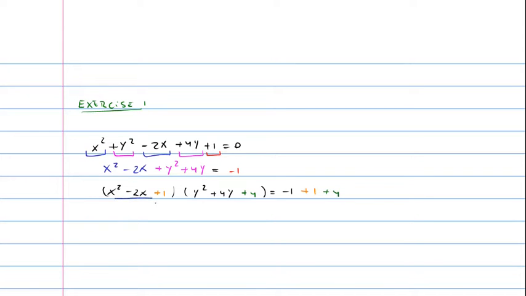So now this is a binomial we can write as x minus 1 squared plus this other term is also a binomial, y plus 2 squared, and this equals minus 1 plus 1 plus 4, which is 4.